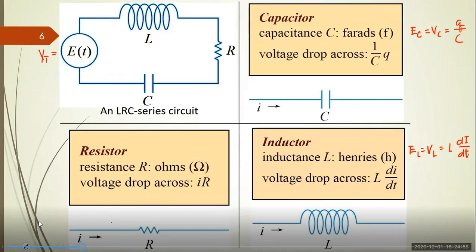Lastly, the E due to the resistor, or V due to the resistor, is IR. So basically, this is Ohm's law, and the other one is Coulomb's law.